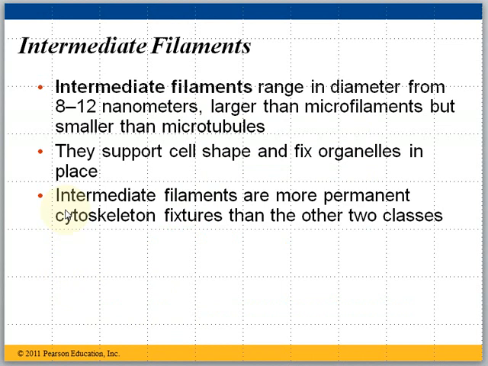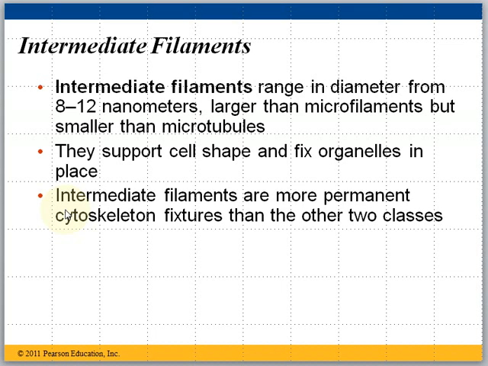Last of the three structures we're going to look at are the intermediate filaments. We won't talk much about those other than to say that they are obviously going to be midway in size between the larger microtubules and the smaller microfilaments. They also play a support role in cell shape, and they help fix organelles into their particular place. And one thing you might want to remember or think about with the intermediate filaments is they tend to be more permanent structures.